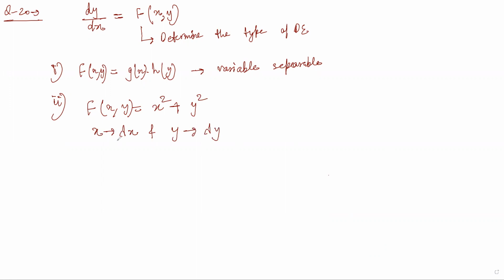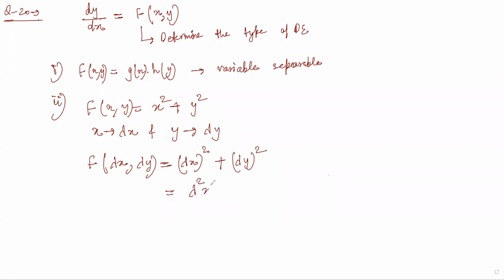Wherever x is involved, we will change it to lambda x, and wherever y is involved, we will change it to lambda y, right? So f of lambda x comma lambda y is equals to lambda x whole square plus lambda y whole square, right? It was x square before, but after replacing x with lambda x and y with lambda y, it becomes this.